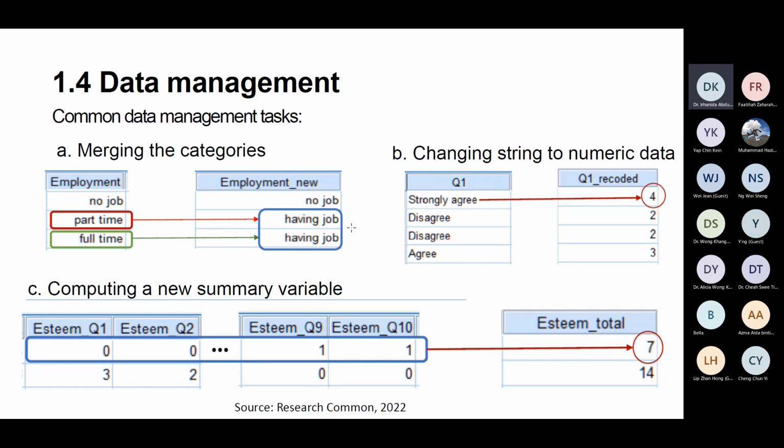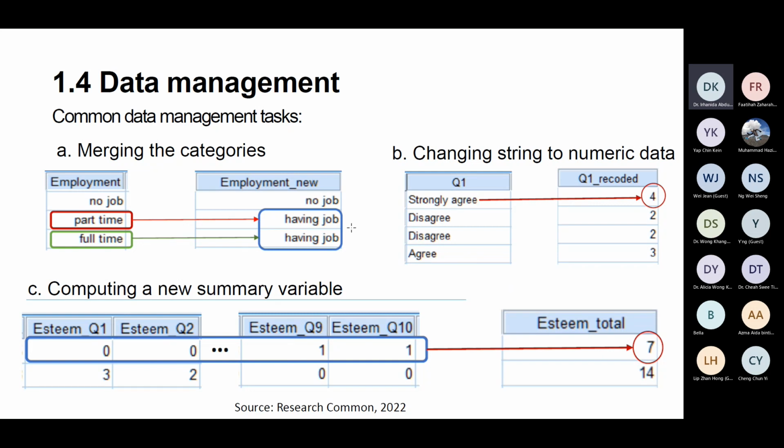There are 3 common data management tasks. One is merging the category. For example, initially you have employment as no job, part-time, full-time, but after you review your questionnaire, you feel it is better to change to no job and having job.